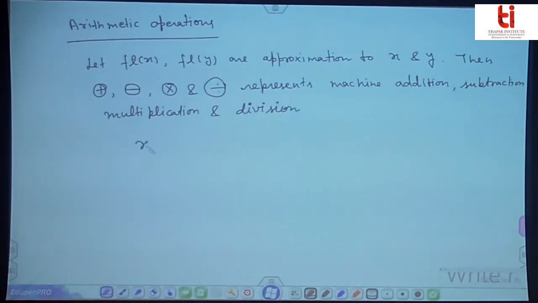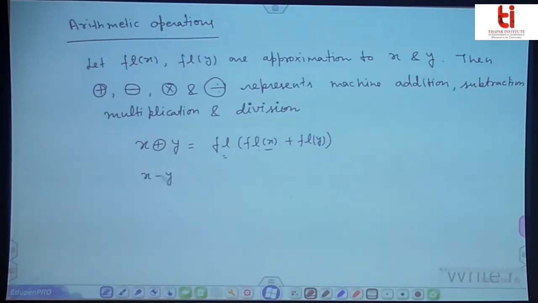We can express x plus y as equivalent to floating of x plus floating of y. That means whenever we are adding two numbers with the help of a computer or calculator, it is equivalent to the approximation of x plus the approximation of y, and then their sum is also approximated to as many digits as the computer or machine can carry.